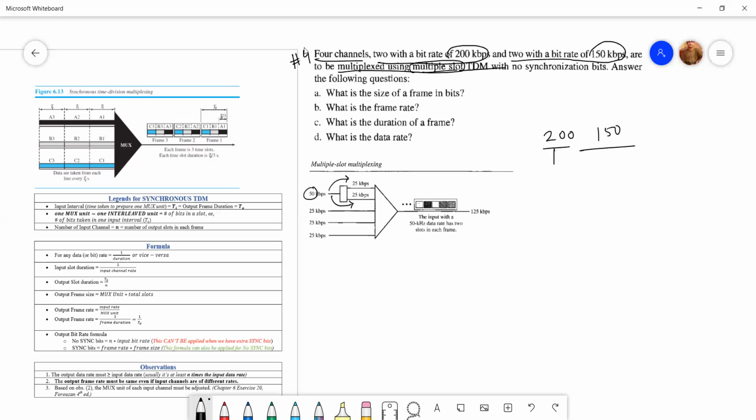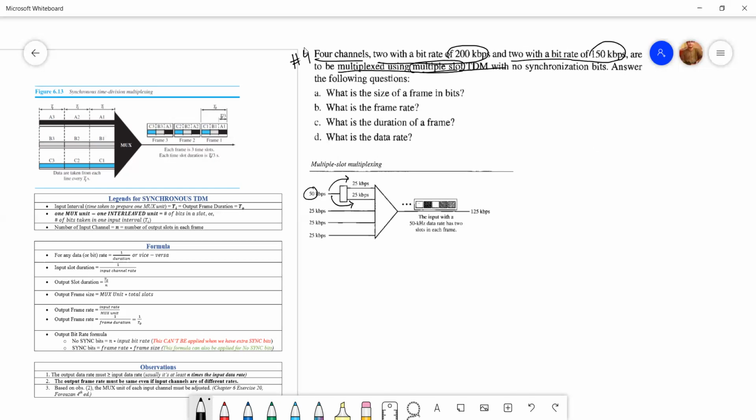If we can make the 200 into a multiple of 50, and the 150 into a multiple of 50, then we could use both of them together, because both 200 and 150 are multiples of a common number, 50. Now let us do the same example.